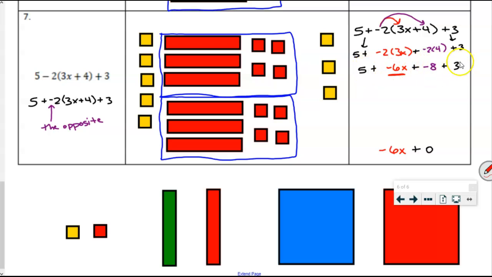Negative 8, no x's. 3, no x's. So we're left with just negative 6x. But that means all of these units can be combined together. 5 positives, 3 more positives, but then we have 8 negatives, which means 5 plus 3 plus negative 8, and I can do it in that strange order because we're just adding all the way through. Addition is commutative, and we have no unit tiles.